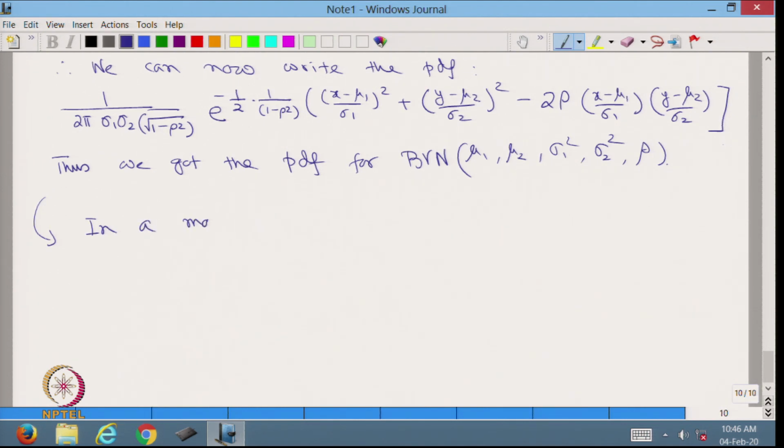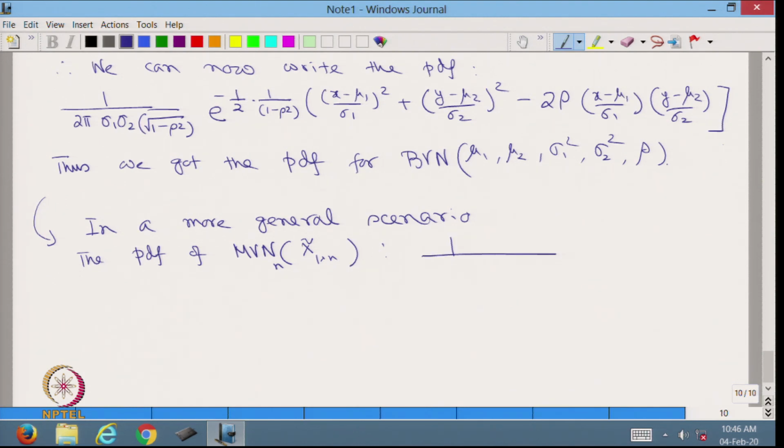In a more general scenario, the PDF of multivariate normal of dimension n with x vector, which is equal to 1 cross n, will be 1 over root over 2 pi whole to the power n determinant of sigma to the power half e to the power minus half into x minus mu transpose sigma inverse x minus mu.